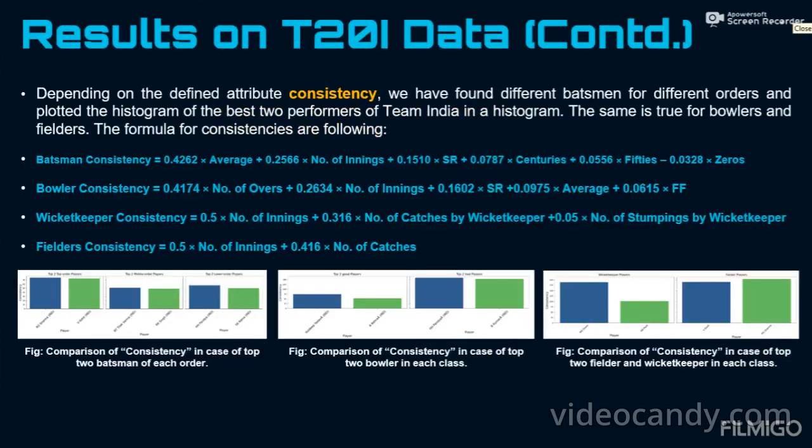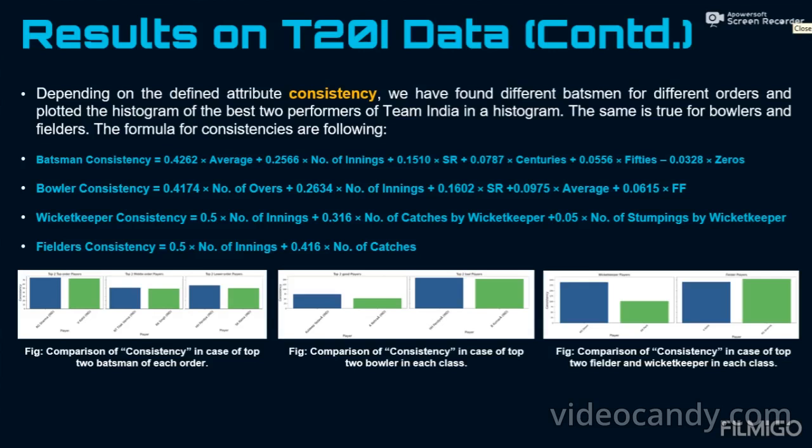Okay, so next we have taken Indian domestic league data. To validate our approach, we applied the same models to the Indian domestic league data. We observed significant variation in model performance.